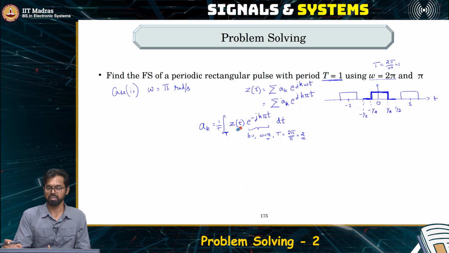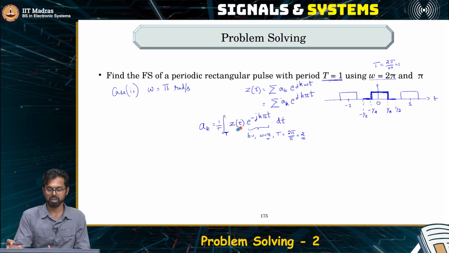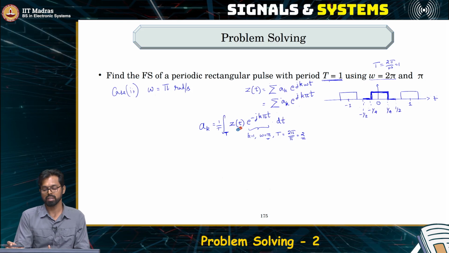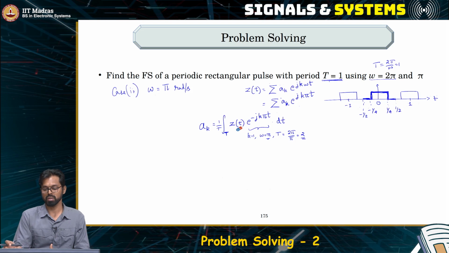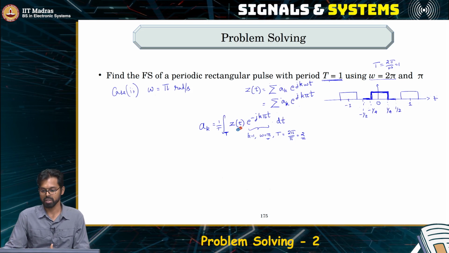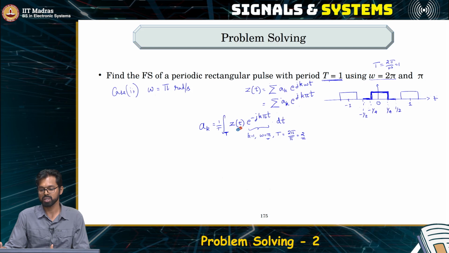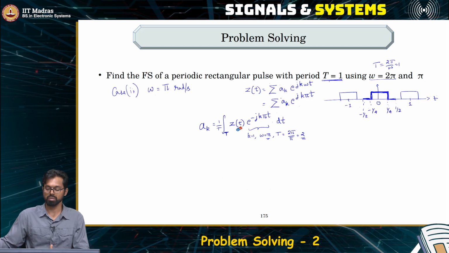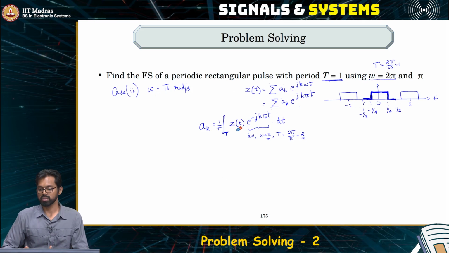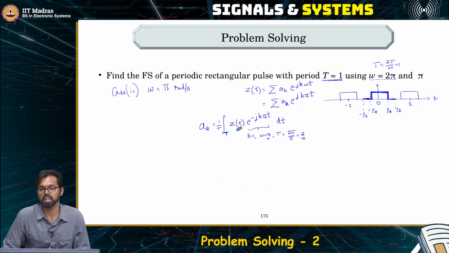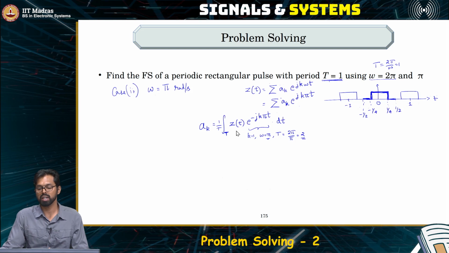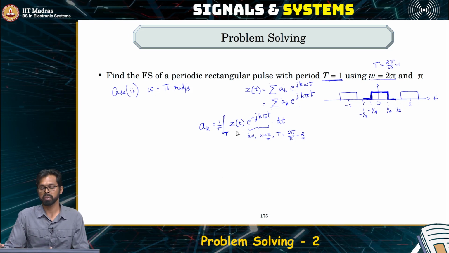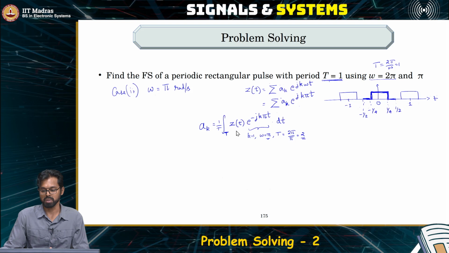The definition of periodicity is that you can copy paste whatever is there in one interval and that repeats continuously. But if the period of repetition is T and you don't take 2T, 3T or 4T, then it will not repeat. If you take, for example, 3T by 2, then whatever you copy after that is not necessarily the repetition of the original period and you will not necessarily get back the same signal.